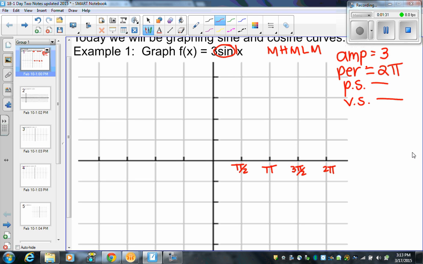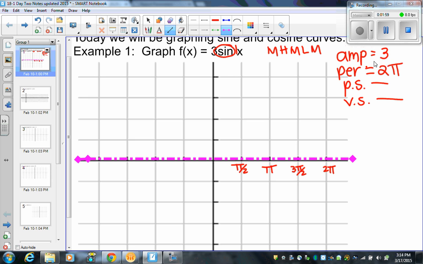So in order to graph the sine function, we need to identify where the midline would be, where the middle of our graph would be, where we would put these middle points. So our midline is always going to be on the x-axis unless we have a vertical shift. Since we didn't have a vertical shift, our midline's on the x-axis. Our high value is going to be identified by our amplitude.